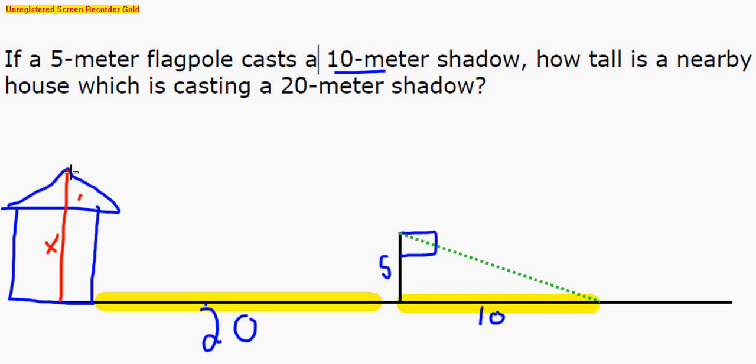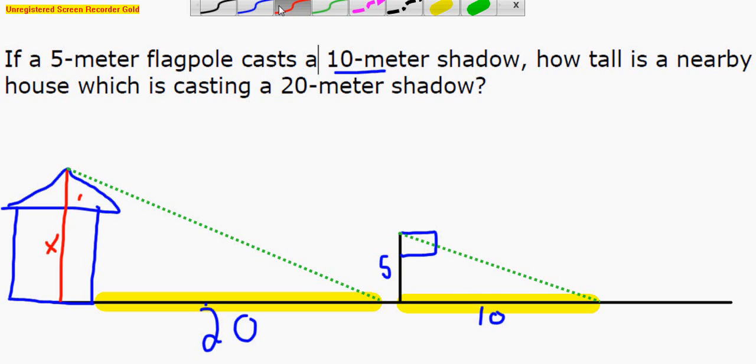And then you have another one here from the top of that house down to the end of that shadow. The reason these are similar triangles is we're assuming they both have a right angle here, so that's one angle they have congruent to each other. And if we imagine the sun is at the same spot, then the shadow is going to come down at the same angle, so these two angles are the same. So we can assume these are similar triangles.